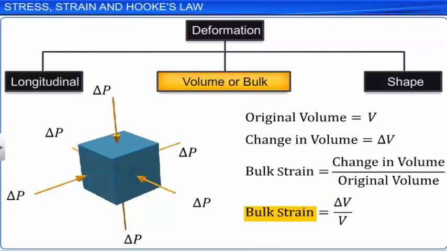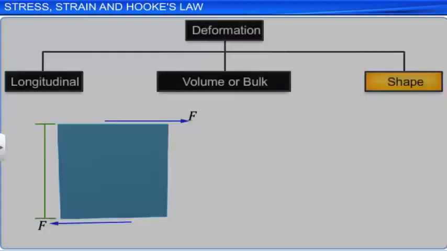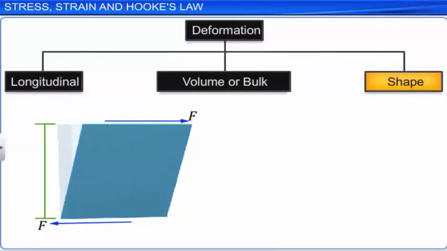When a force is applied to the top surface of the body tangential to it, the top surface is displaced laterally with respect to the bottom surface by length dx. Simultaneously, the vertical face of a body normal to the direction of the force applied is tilted through an angle gamma from the vertical.